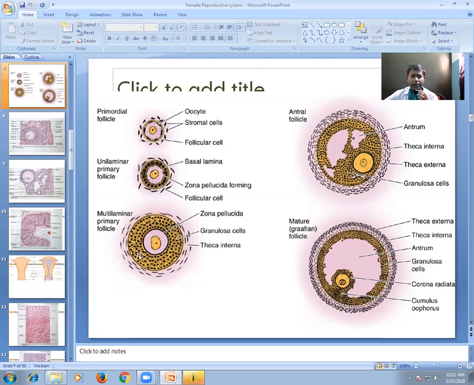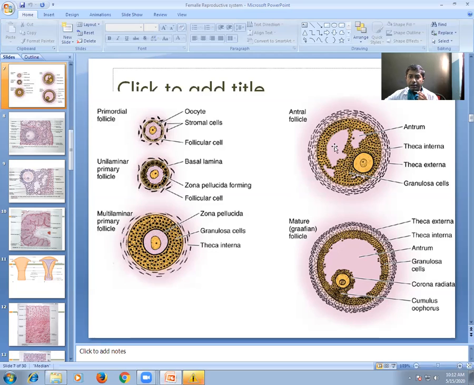Then after that is the multilaminar follicle, meaning these follicular cells multiply and get arranged around the nucleus, and the zona pellucida is well formed. So multi-layered follicular cells. What is there in the primordial follicle? Single but squamous. What is there in the unilaminar follicle? Simple cuboidal. These follicular cells divide and redivide and get arranged into layers, and the zona pellucida covers them.